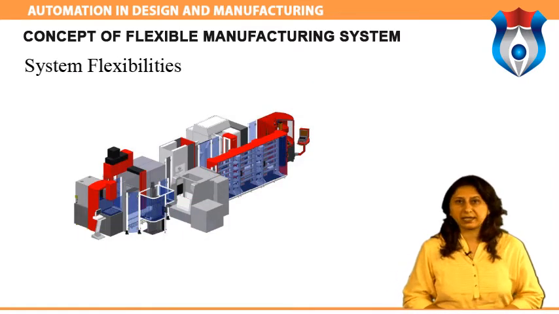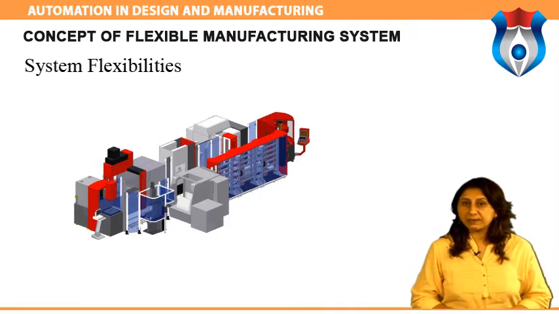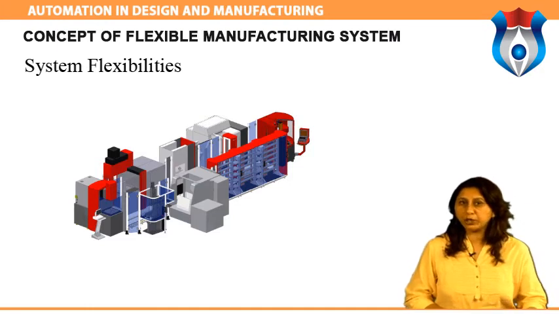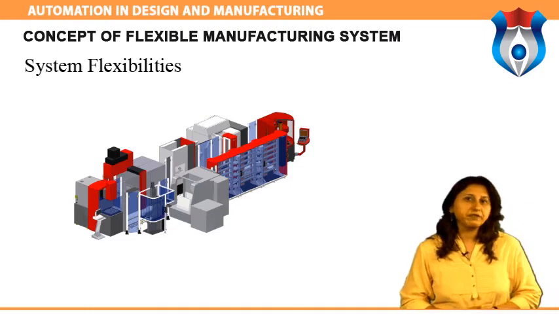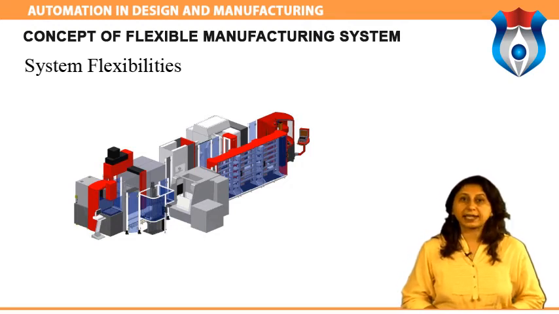System flexibilities. Volume flexibility, a measure of a system's capability to be operated profitably at different volumes of the existing part types. Expansion flexibility, the ability to build a system and expand it incrementally.